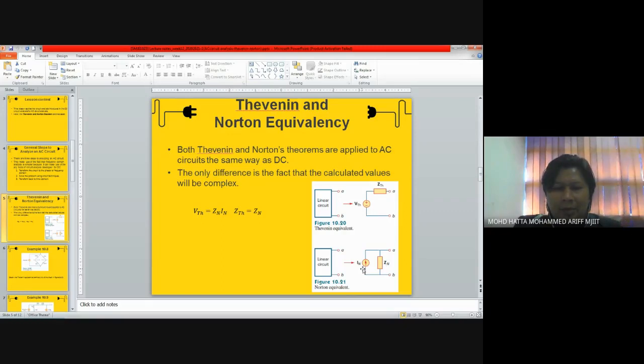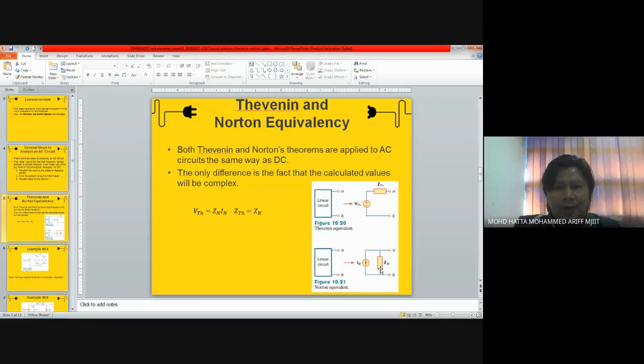And both current and the impedance should be arranged or connected in parallel. And here the difference between Thevenin and Norton is that if you look at the Thevenin, we have voltage over here, and the connection will be in series.